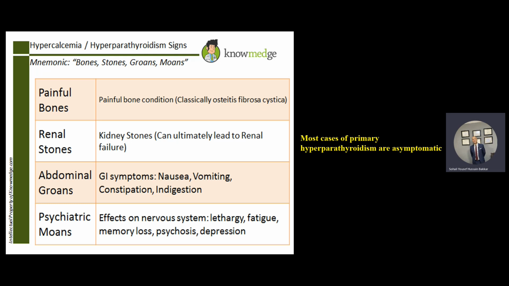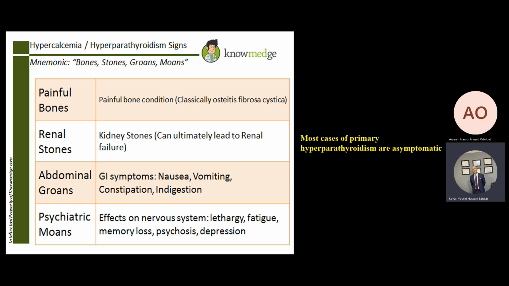Notice that the spectrum of bone manifestations due to hyperparathyroidism ranges from bone pain and then goes to osteopenia, osteoporosis, then osteitis fibrosa cystica, and pathologic fractures. So this is the whole spectrum of bone disease in primary hyperparathyroidism.